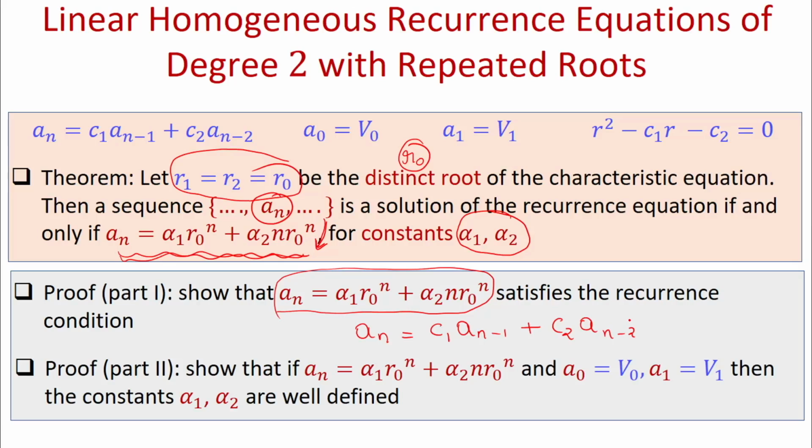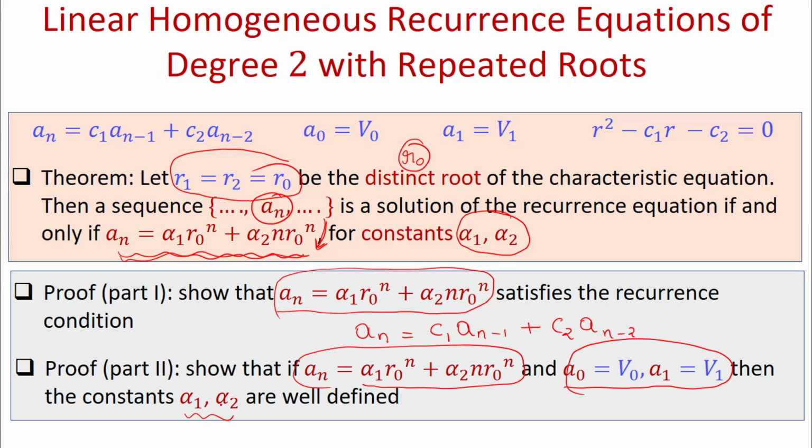The second part of the proof will be that if this sequence, whose nth term is this, satisfies the recurrence condition as well as the initial conditions, then we can find the constants alpha 1 and alpha 2. They are well defined. Now the form of the constants alpha 1 and alpha 2 will be different from the form of the constants which were there for the case of distinct roots.